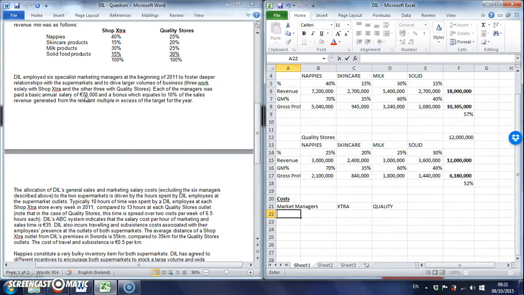So straight away we know salaries is equal to 3 times 70,000 for Extra, and also 3 times 70,000 for Quality. Right. So 210,000 in marketing manager salaries.